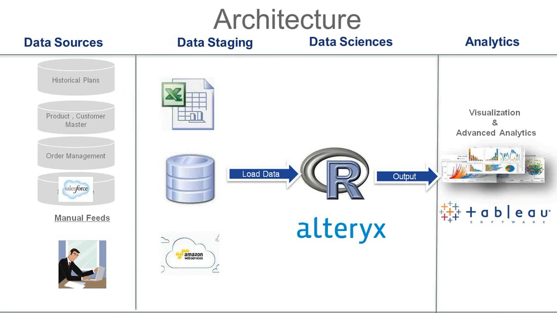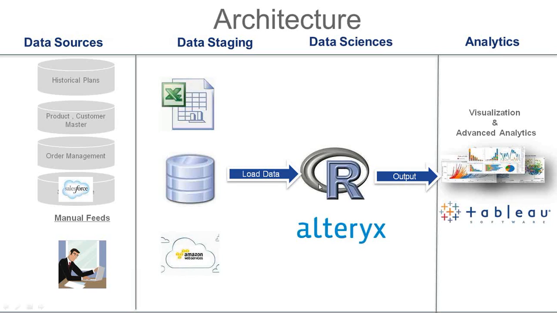Now, to help answer some of these questions and also find some business insights, here's the basic architecture that we have in place. You could gather your information from many different sources, including Salesforce, and you could stage them in any of the data structures in Excel to your local data warehouse on-premise or on the cloud.